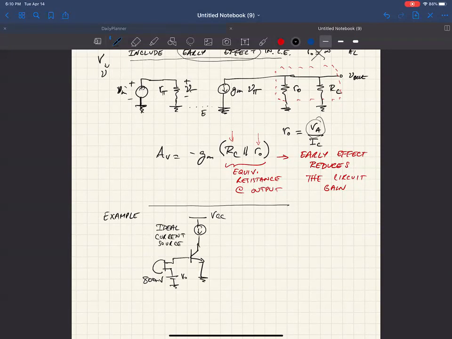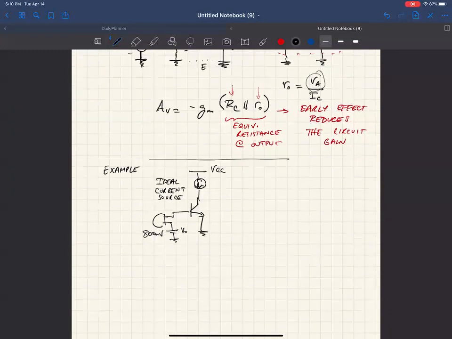And an ideal current source has infinite resistance. So I guess the question is, if you hook it up like this, you have infinite resistance as your load. What happens? Is the gain infinite, or what is it? So let's take a look at that.